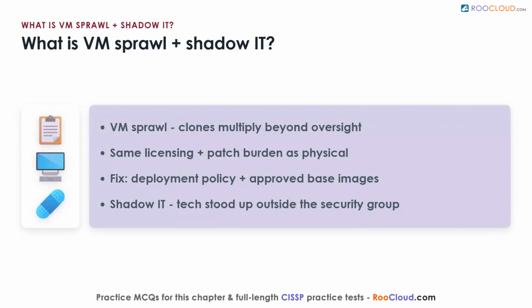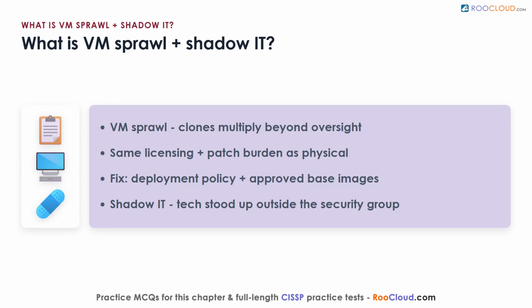What is VM sprawl? And where does shadow IT creep in? Virtual machines are so easy to clone that they multiply faster than anyone can track. That is VM sprawl. Dozens of virtual systems running with no real oversight, each carrying the same licensing and patching burden as a physical one. The fix is a firm policy for how machines are built, plus a library of approved base images to deploy from.